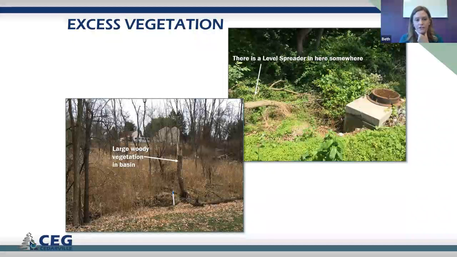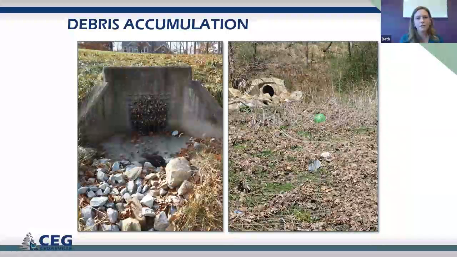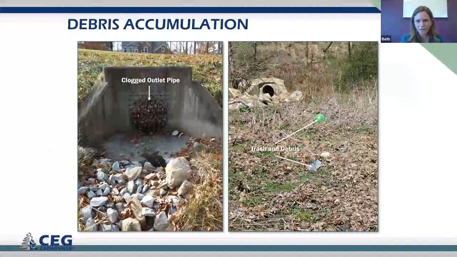And then in this basin, it's completely overgrown with woody vegetation and not being maintained per plan. So there are implications in terms of potentially capacity. Large woody vegetation on basin berms could threaten their structural stability, and a lot of other potential threats.